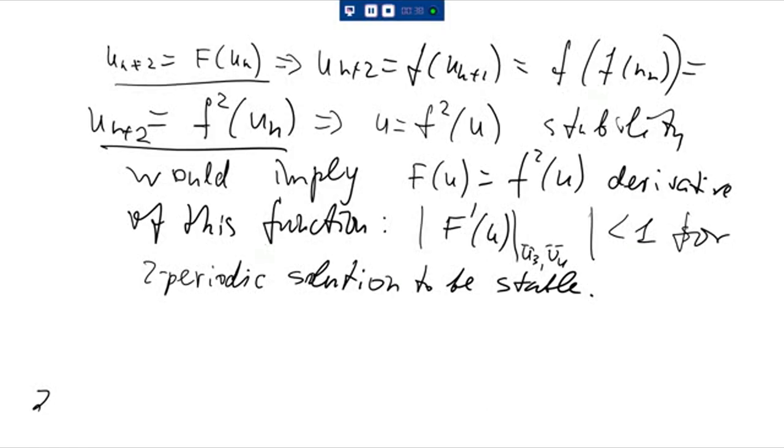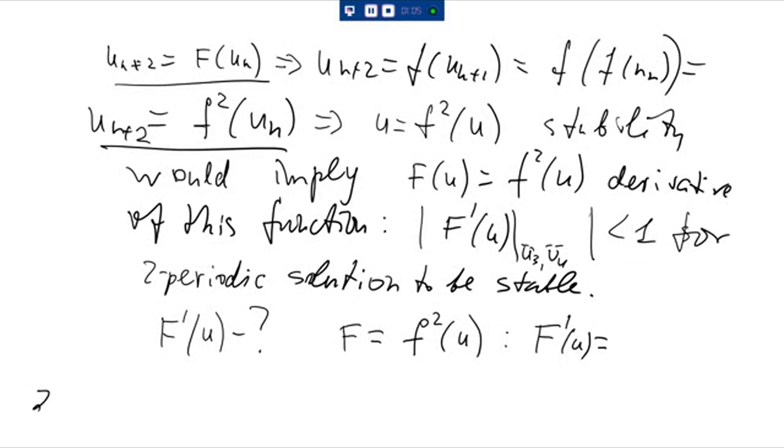Now our question is to find f prime of u. So we know that f is the composite function f2 of u. And to find its derivative, we will use the chain rule. F prime of u is f prime of u times f prime of u. I will try to explain it.